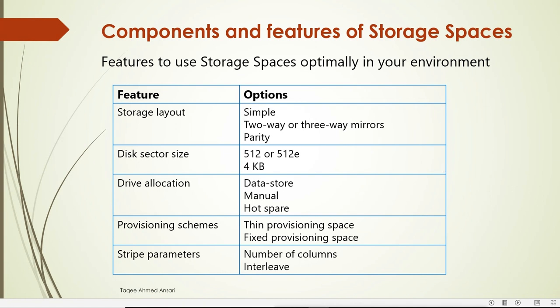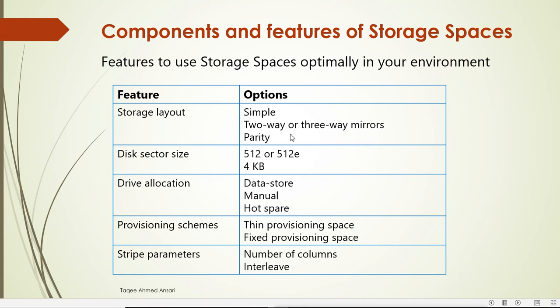Now, components and features of storage spaces. The features to use storage spaces optimally in your environment. First, we need the storage layout. Storage layout can be simple, two-way or three-way mirror, and parity. These are the storage layouts we have in storage spaces.